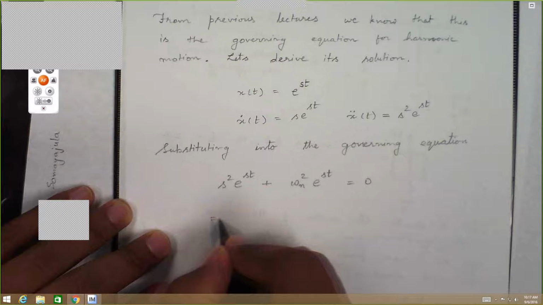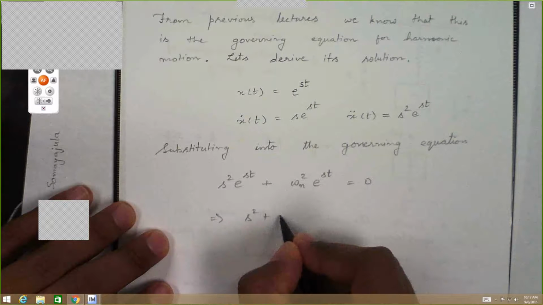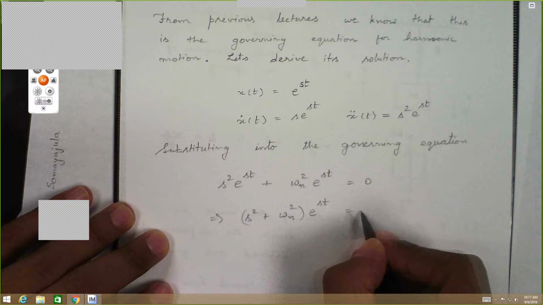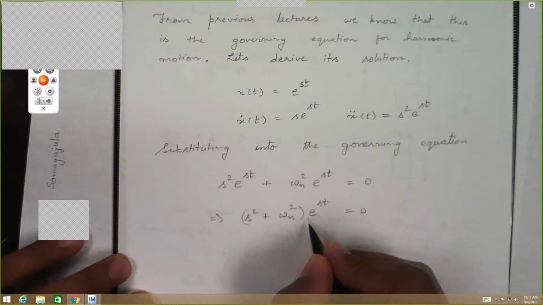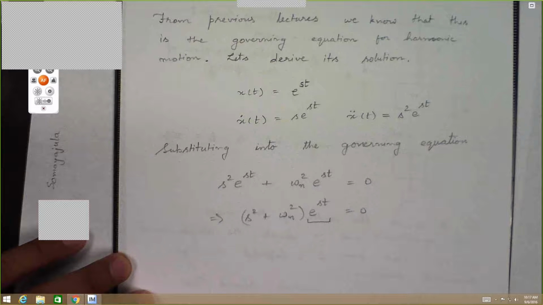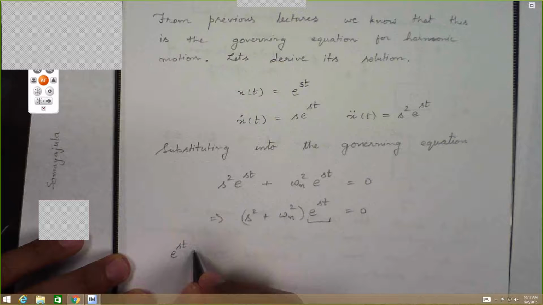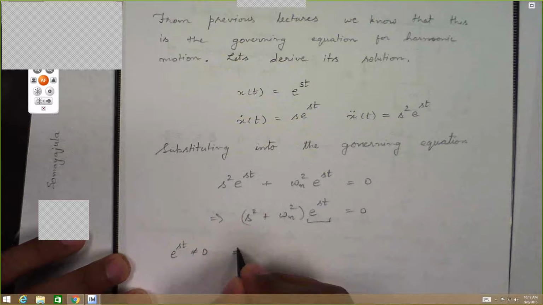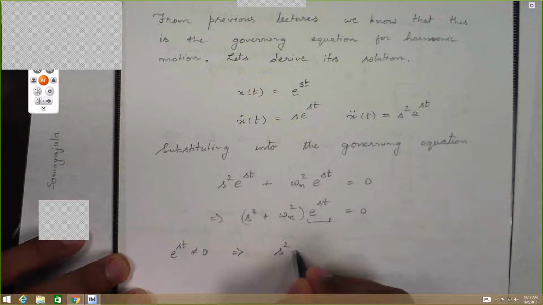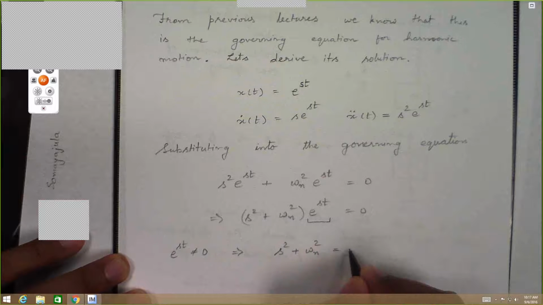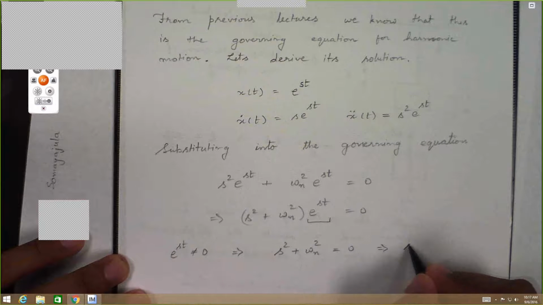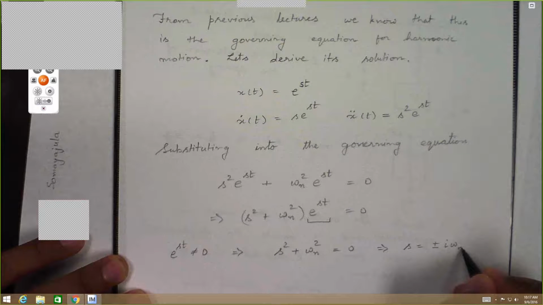That implies s square plus omega n square times e to the power st is equal to 0. Now we know that e to the power st is not equal to 0. So therefore, the rest of the term must be equal to 0. So s squared plus omega n squared equals 0, which implies s is equal to plus or minus i omega n.